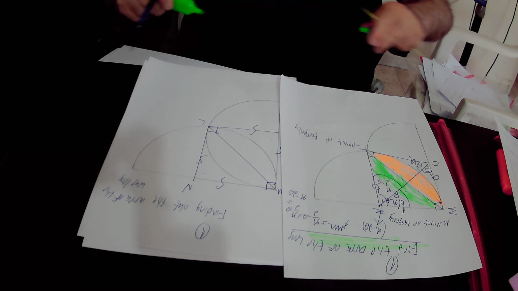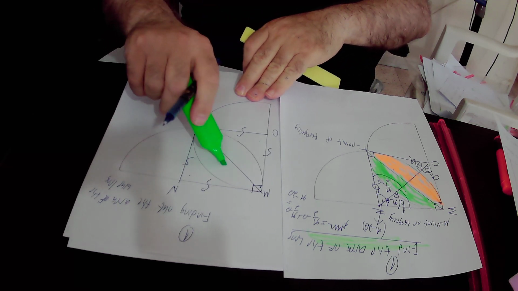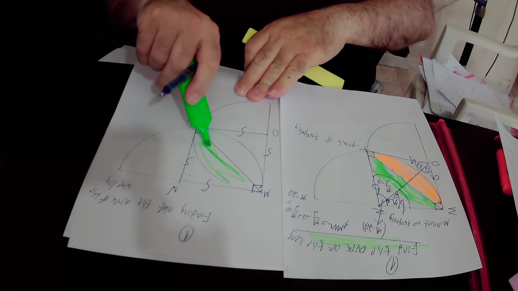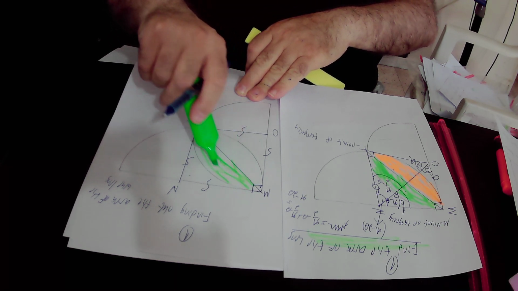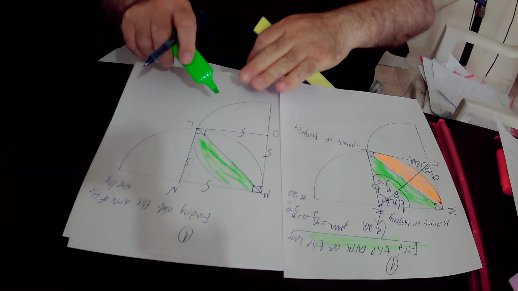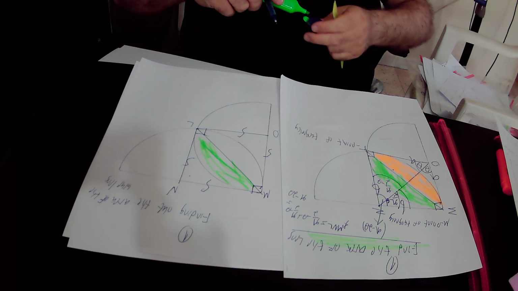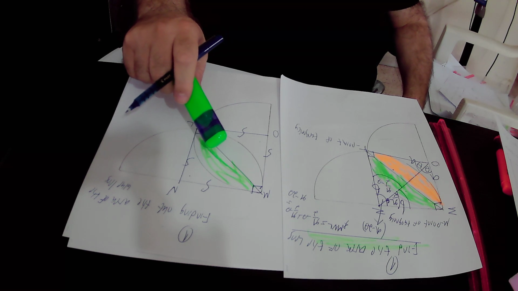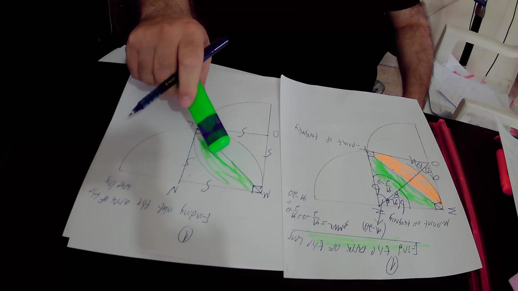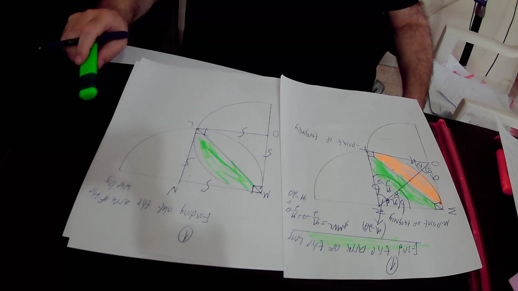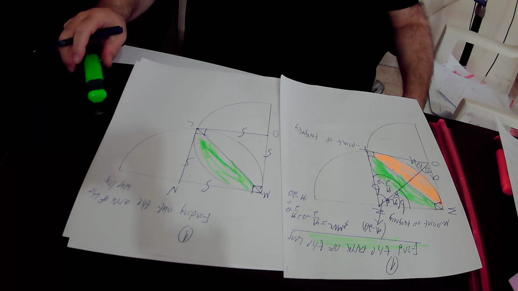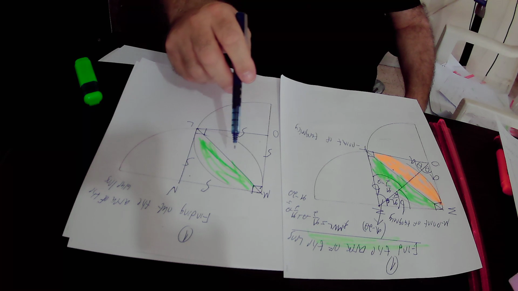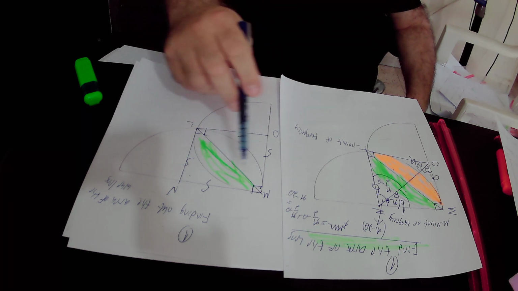Because the radius of each semicircle is equal to 5 units, the lower circular segment will have the same area as the upper circular segment. Therefore, we will multiply the area of the upper circular segment by 2, and this will give us the area of the blue lens.